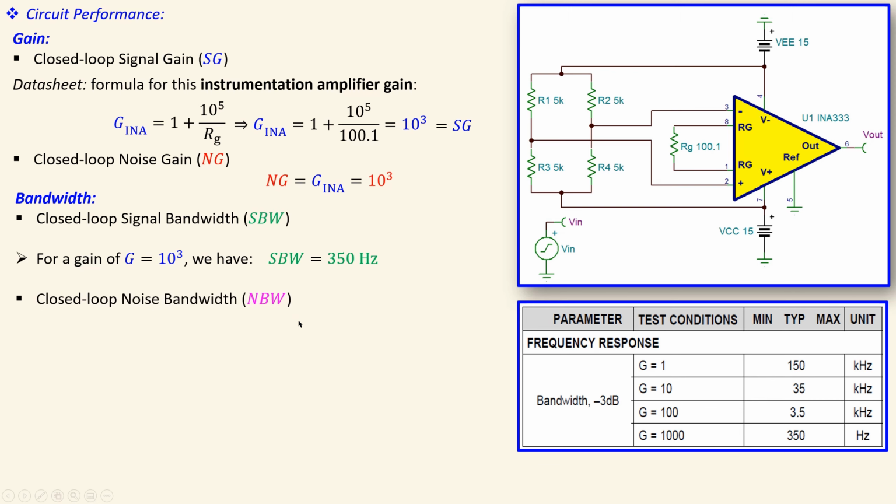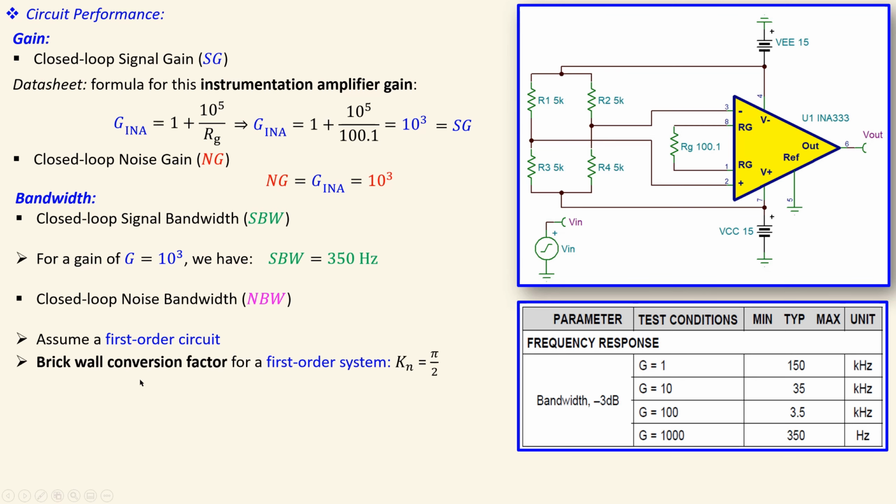Now the closed loop noise bandwidth is calculated. We need to make a conversion from the signal bandwidth to the noise bandwidth. For that, we need to assume, or make a very good estimate of, what kind of system this is. In this case, we can assume it is a first order system or first order circuit.